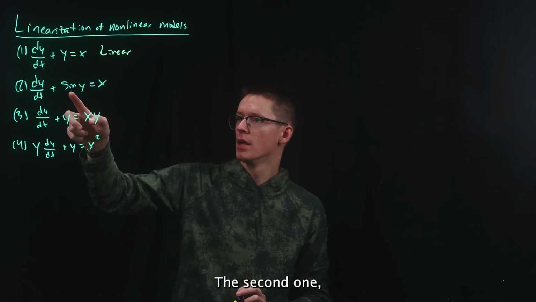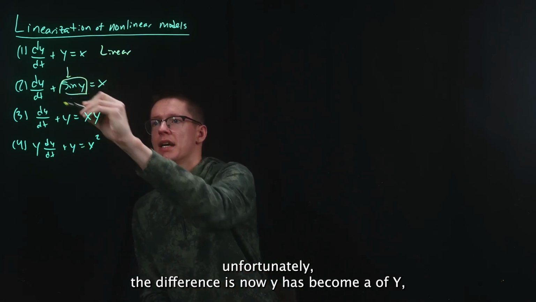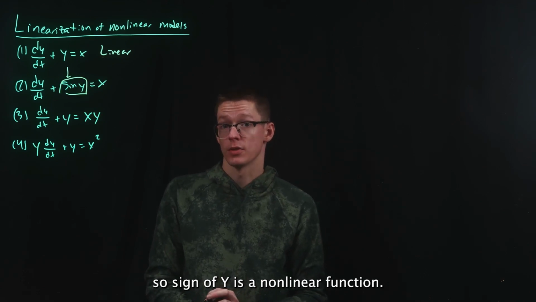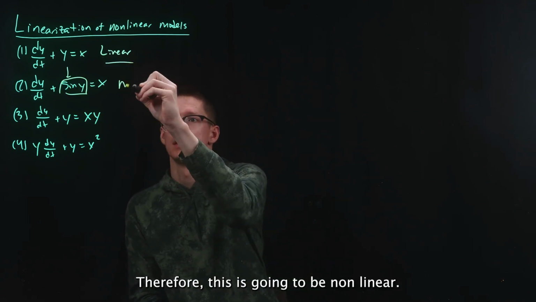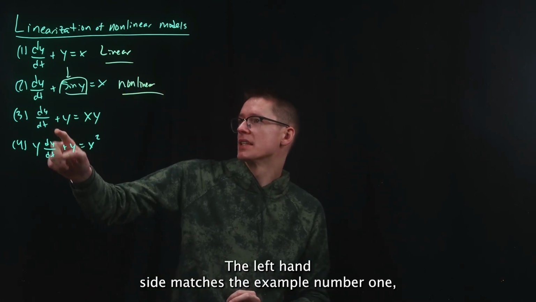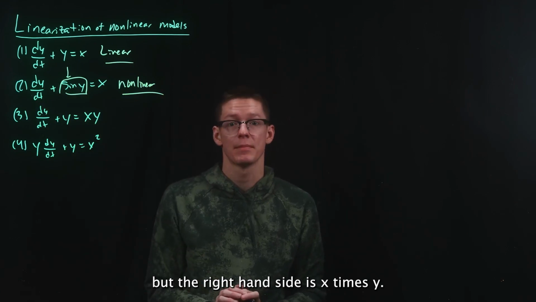The second one, unfortunately, the difference is now y has become sine of y. So sine of y is a nonlinear function. Therefore, this is going to be nonlinear. The left-hand side matches the example number one, but the right-hand side is x times y.